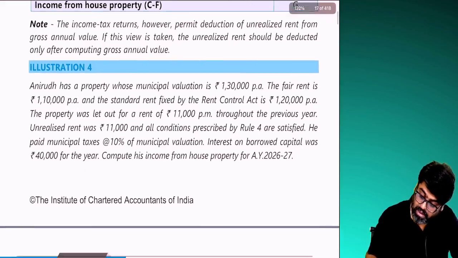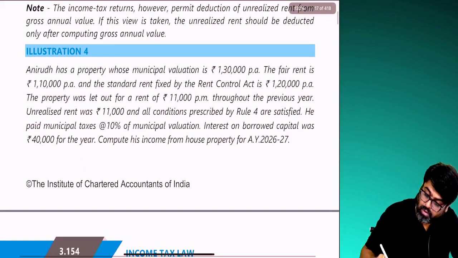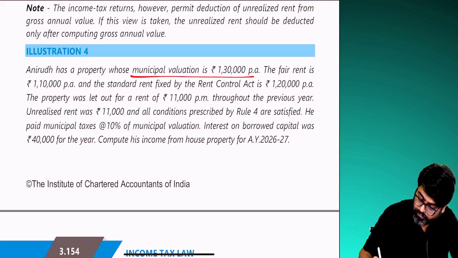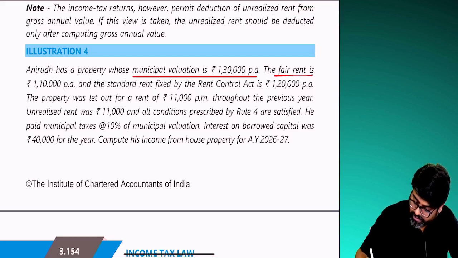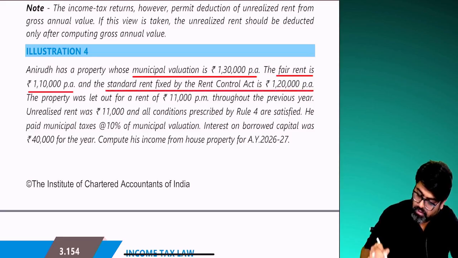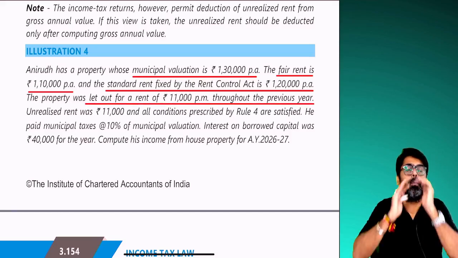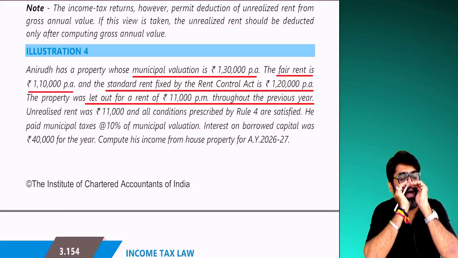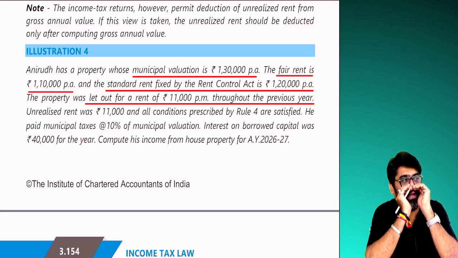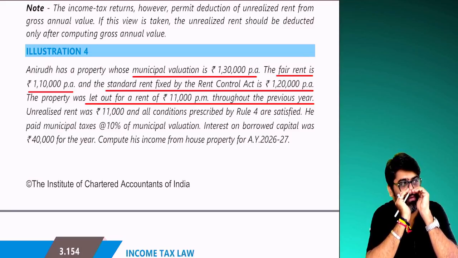Mr. Anirudh has a property whose municipal valuation is given, fair rent is 1,10,000 per annum, and standard rent fixed by the Rent Control Act is given. The property was let out throughout the year at a monthly rent of 11,000. What will be the status of the property?